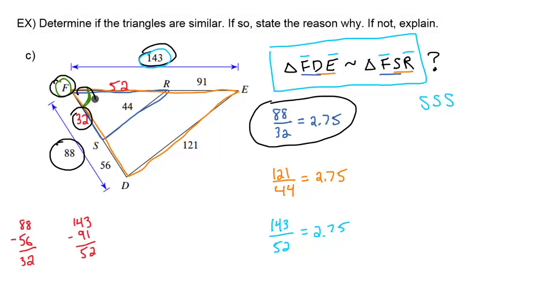We got 2.75. And then this angle, which corresponds to angle F, and then 52, which corresponds to this side. We did that down here, which we saw was also in proportion with the other pair of corresponding sides. So if we did it that way, we would have proved it using side-angle-side. So either one of them would work.